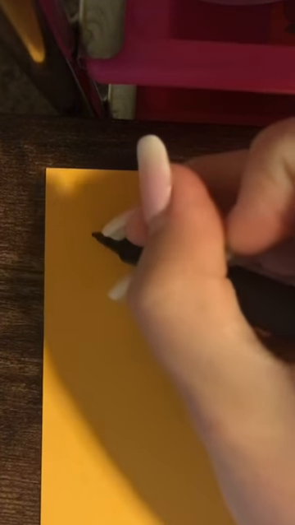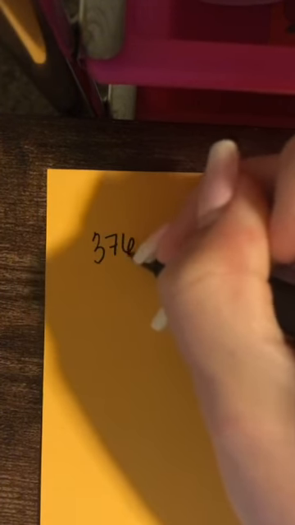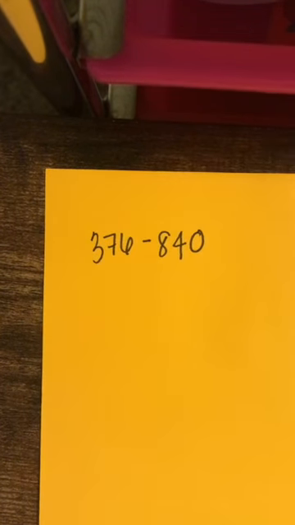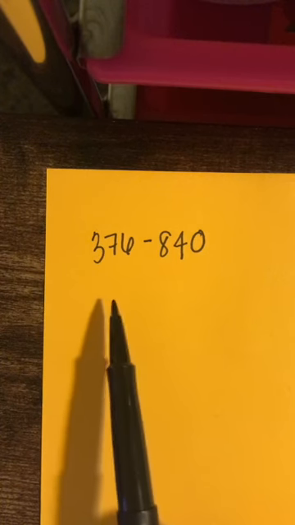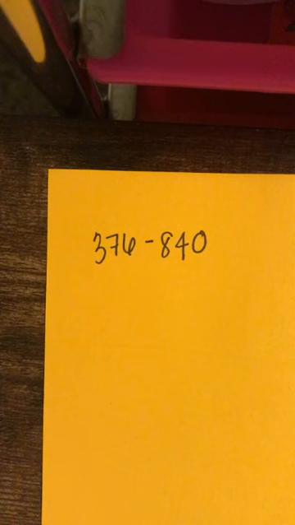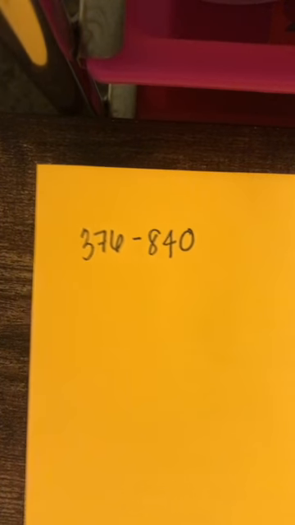So for example 6, we want to simplify 376 minus 840. Immediately looking at this problem, we know that our result is going to be negative. However, we can reverse the order of the numbers to form the subtraction.